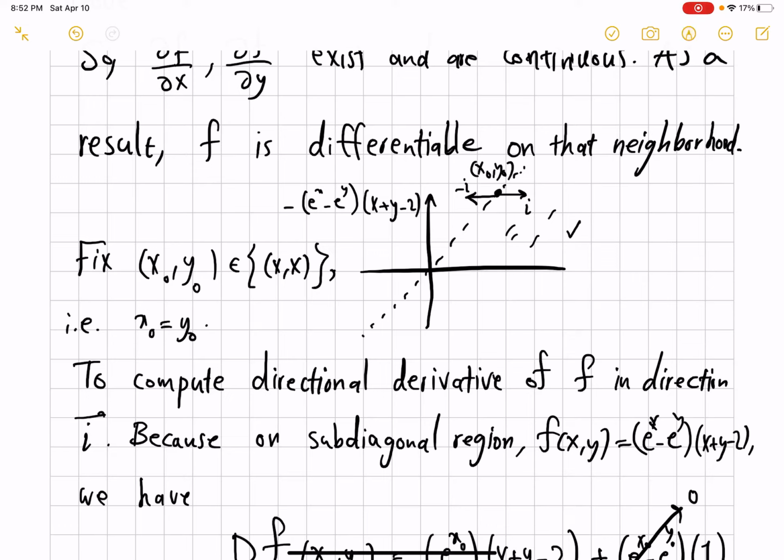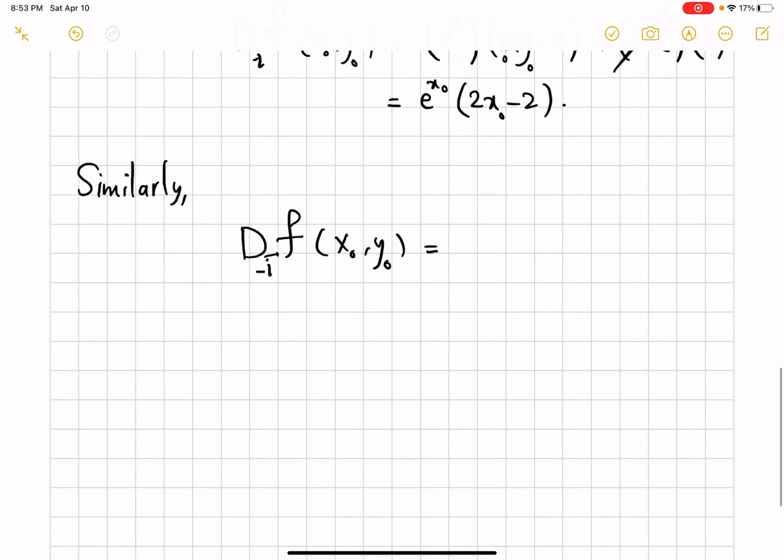But so the directional derivative when you go negative I direction will be negative of the partials of that thing. So remember, partial x by definition is how much you have changed when you move to the right in the direction of I vector. But now I'm going to the left, so this will be negative partial with respect to x of the formula for my function in that region, which is negative e to x minus e to y times x plus y minus 2.